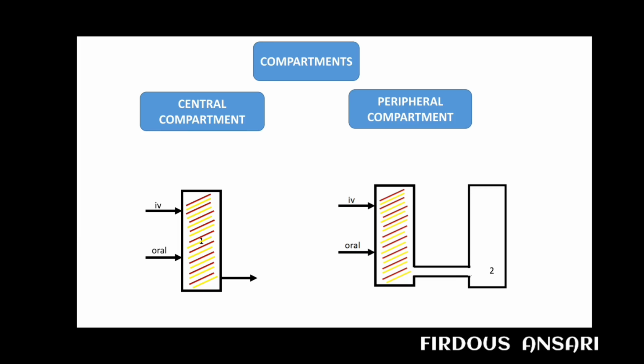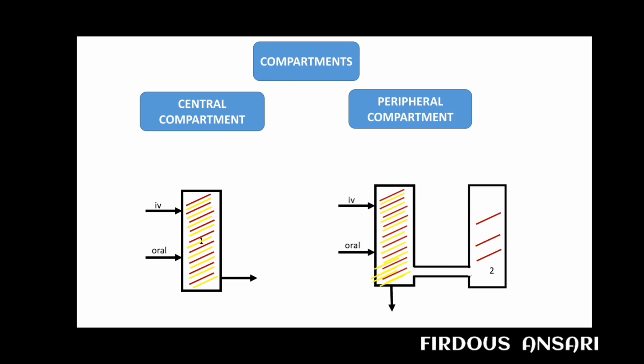Now to this compartment number 1, if we have attached a peripheral compartment, then obviously the drug will move to the second compartment also. Now the drug moving from the first compartment, or you can say from the central compartment, to the peripheral compartment, this is known as distribution of the drug. Next, after getting distributed, if this drug wants to get eliminated, then this drug should again move back to the central compartment, and after moving to the central compartment, from here it will get eliminated.